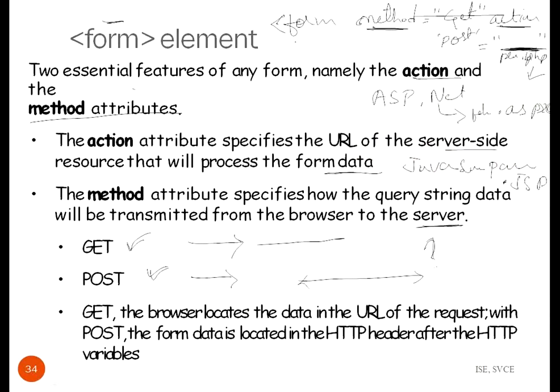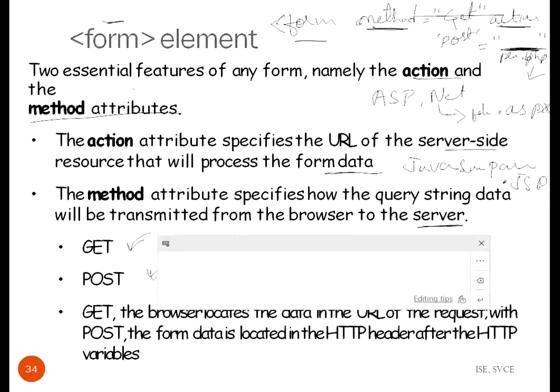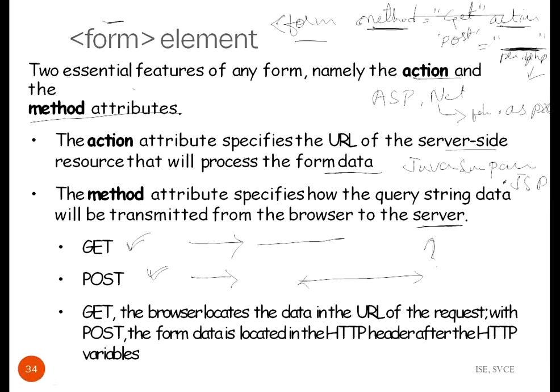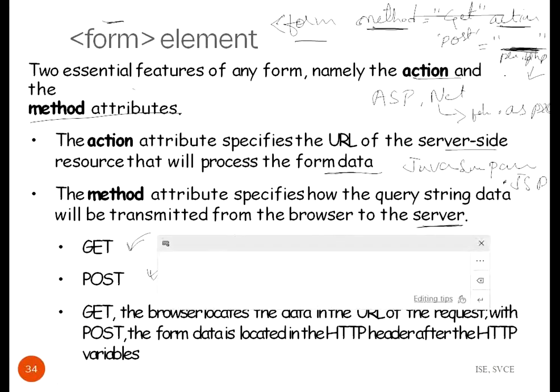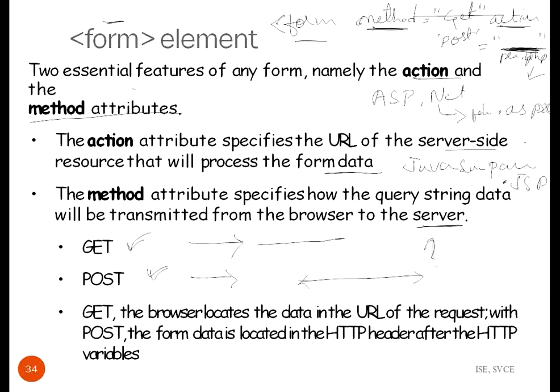Here the action attribute specifies the URL of the server-side resource that will process the form data. Whatever data you entered, it has to process that data, so that particular file name you need to specify in the action. What are the file names normally? They will end in .asp or .aspx, indicating ASP.NET, where the code is written in ASP.